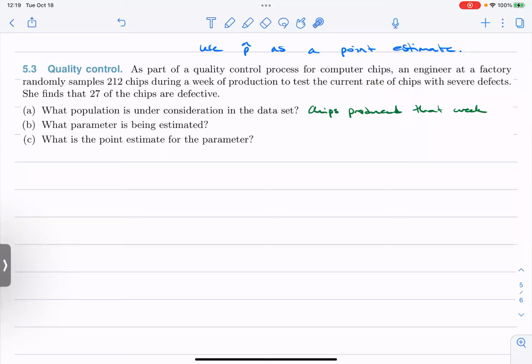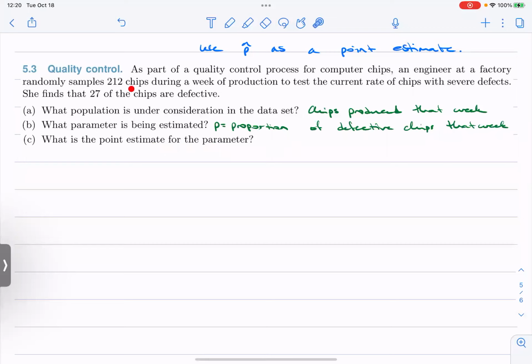The parameter that's being estimated, well, it sounds like we're going to be interested in knowing the proportion of defective chips. And so p is going to be the proportion of defective chips that week. What's the point estimate?